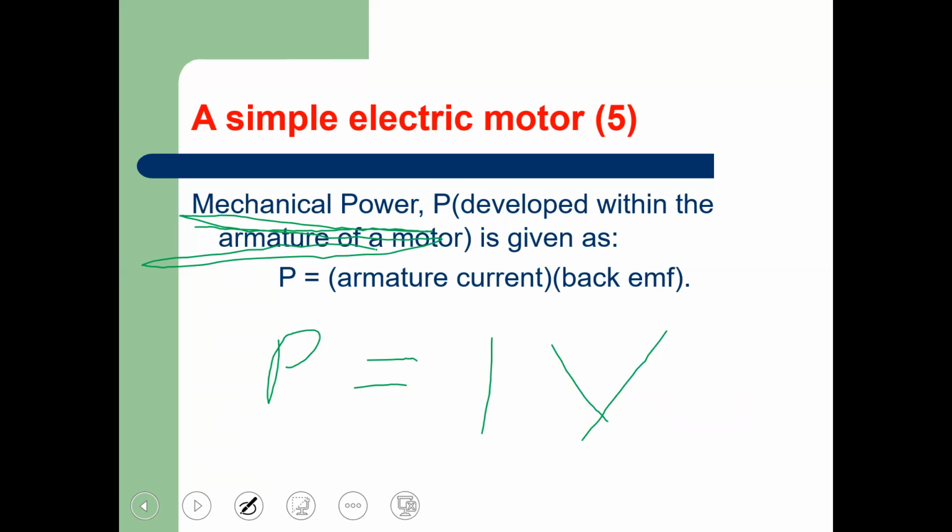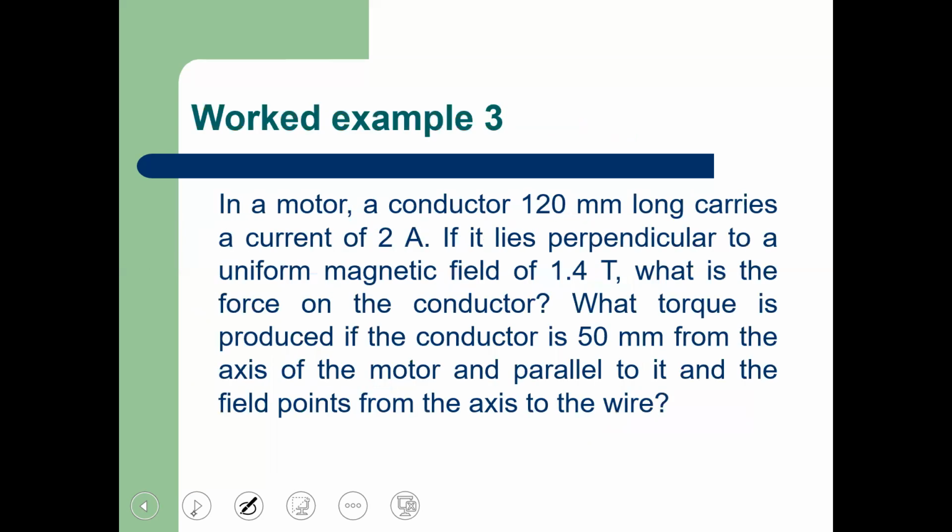And the relationship between the mechanical power and current and voltage is the product of the armature current and back EMF. So this is another example that will work. I suggest you go through these examples and work through them.